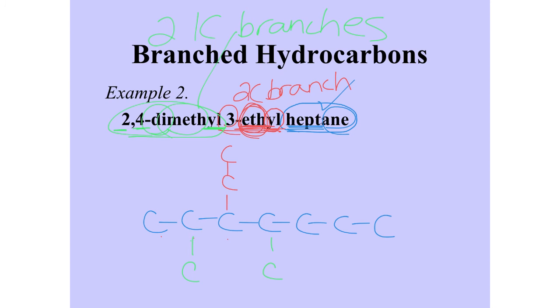Now all we have to do is go back in and add our H's. Every single one of my carbon atoms needs to have 4 bonds, so all of the carbons, even the ones in the branches, need to have 4 bonds.